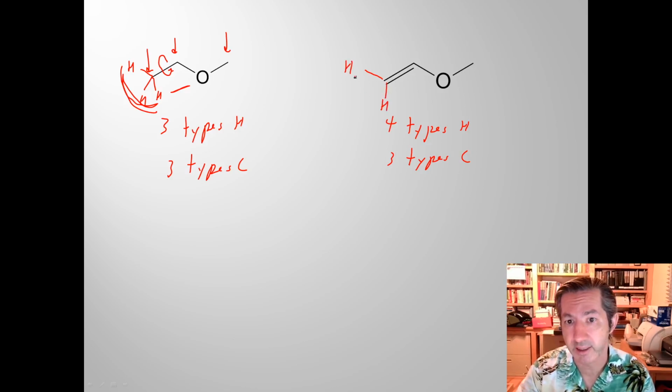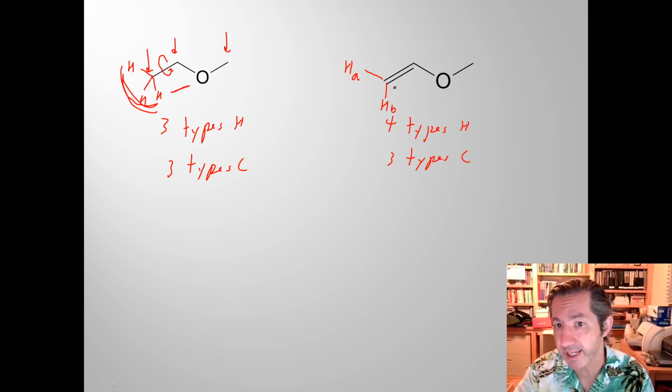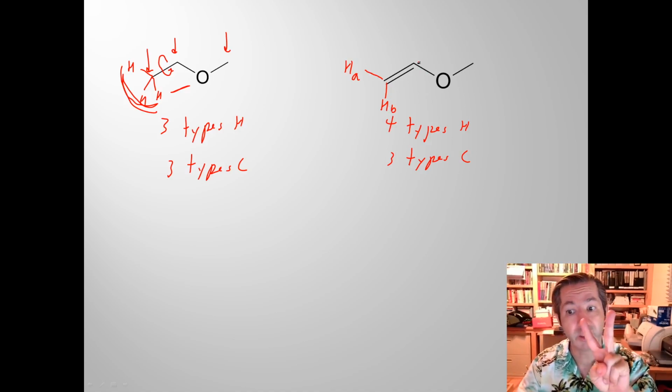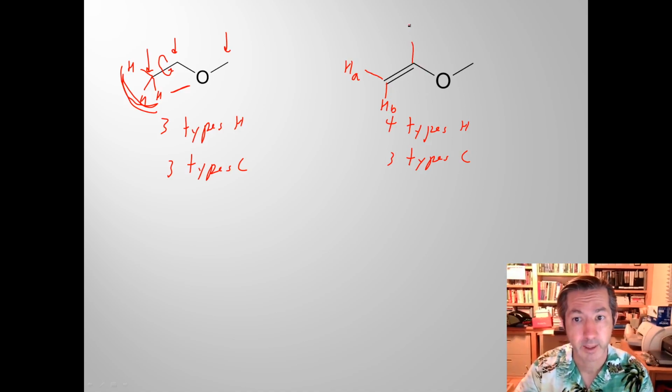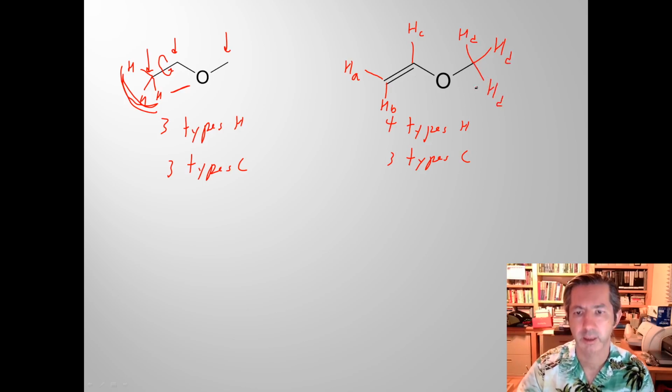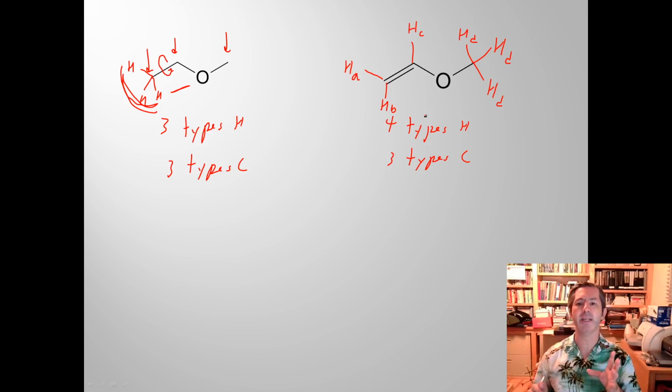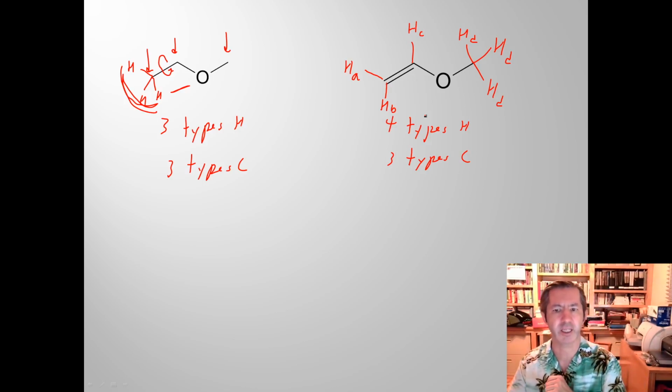And so what that means is this hydrogen is different than this one, because this one is always cis to oxygen, this one is always trans. You got 2 signals on that same carbon. Then you have this type of hydrogen, then you have HD over here. So you actually have 4 types of hydrogen. Alkenes will tend to give you more signals than you expect. A little bit more complexity there.